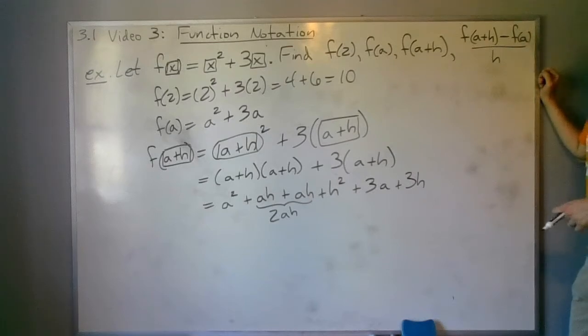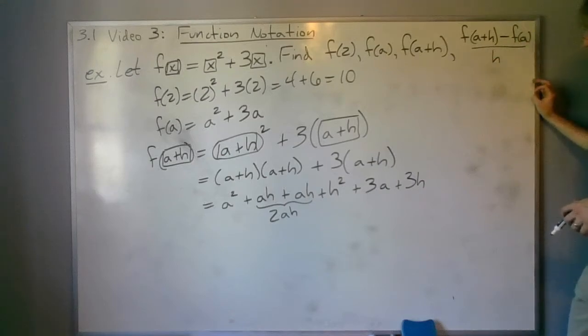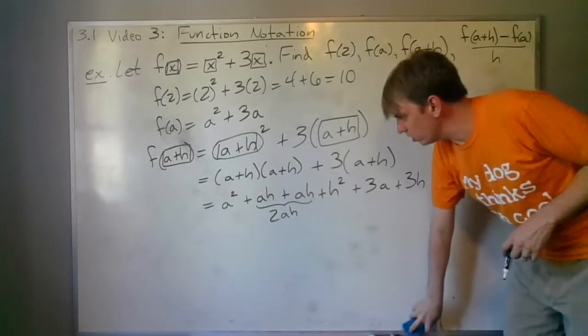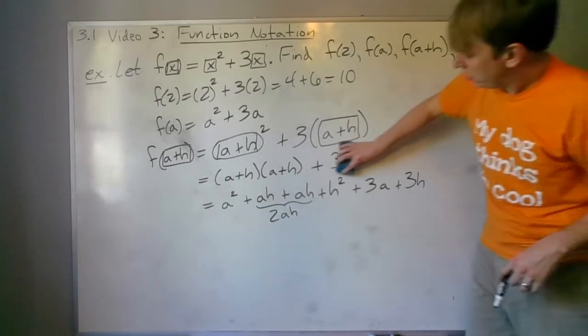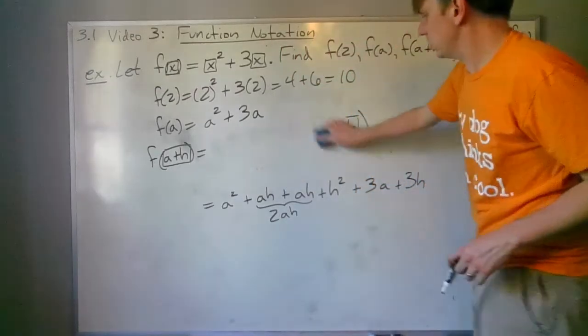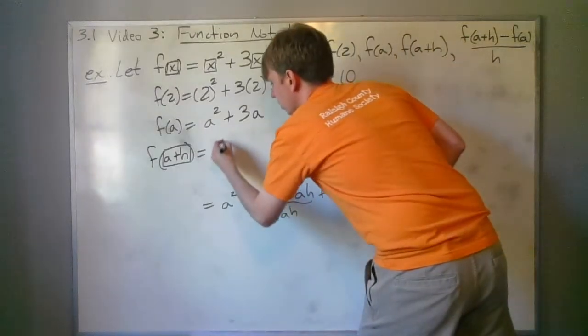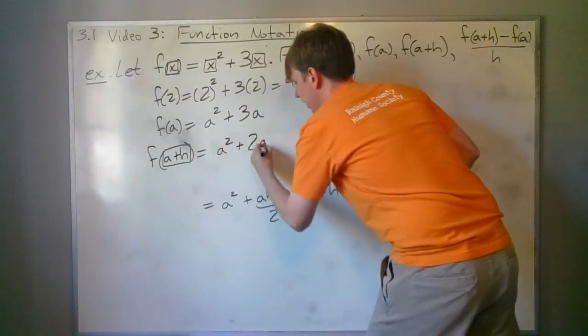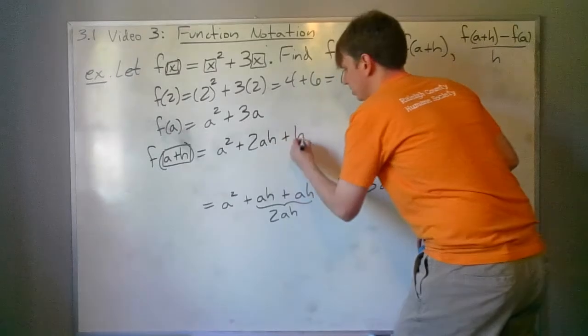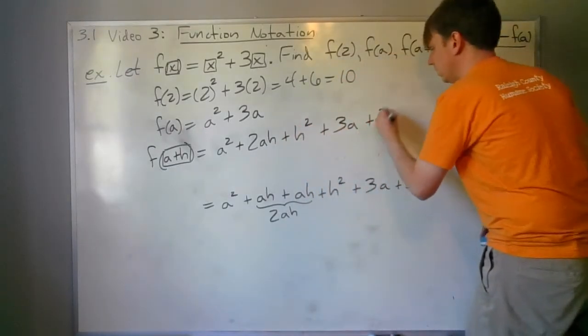So we're just going to combine some of our previous answers to figure out this new thing. Okay, so let me make some room on the board. I will condense my answer for f of a plus h. f of a plus h ended up being a squared plus 2ah plus h squared plus 3a plus 3h.